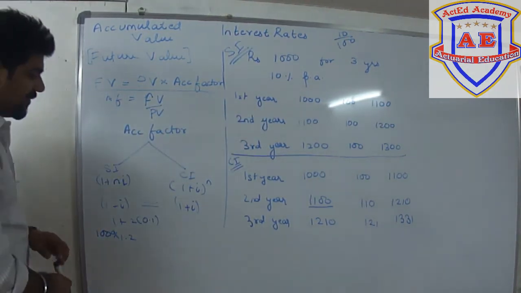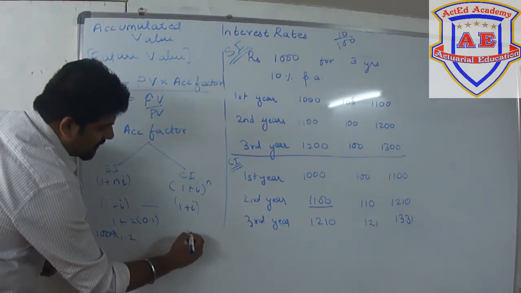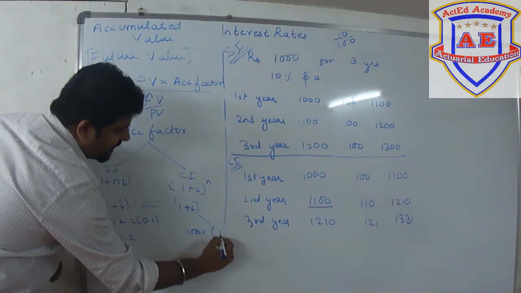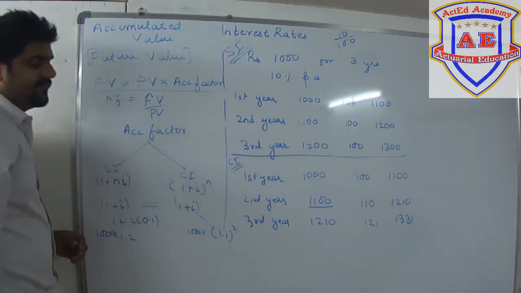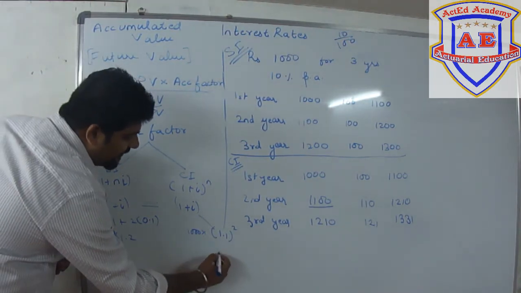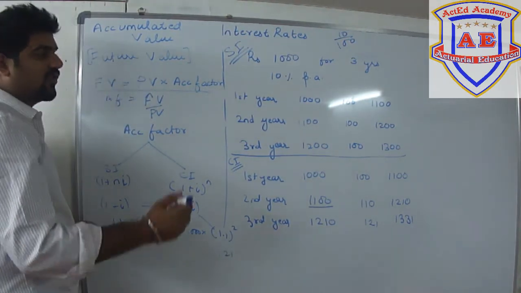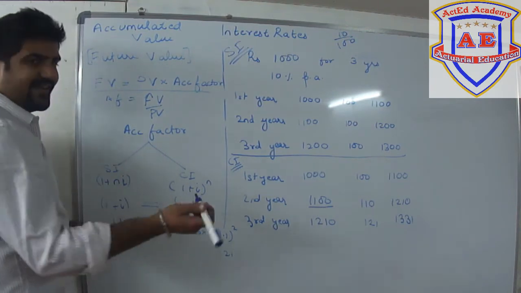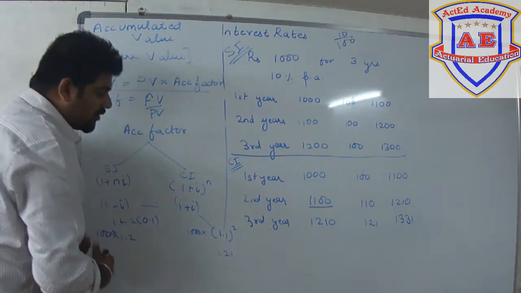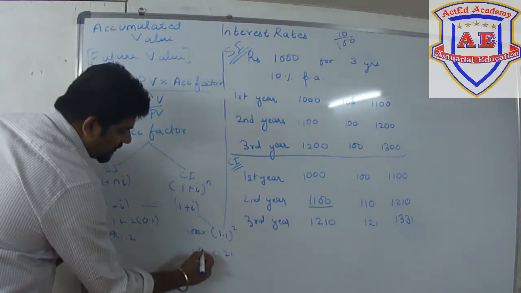Let's talk about compound interest. It becomes 1000 into, the accumulation factor will be 1.1 squared. Now if you square your 1.1, you will get 1.21. You can use your scientific calculator or any other calculator for that matter. If you square it, you will get 1.21 multiplied with 1000.